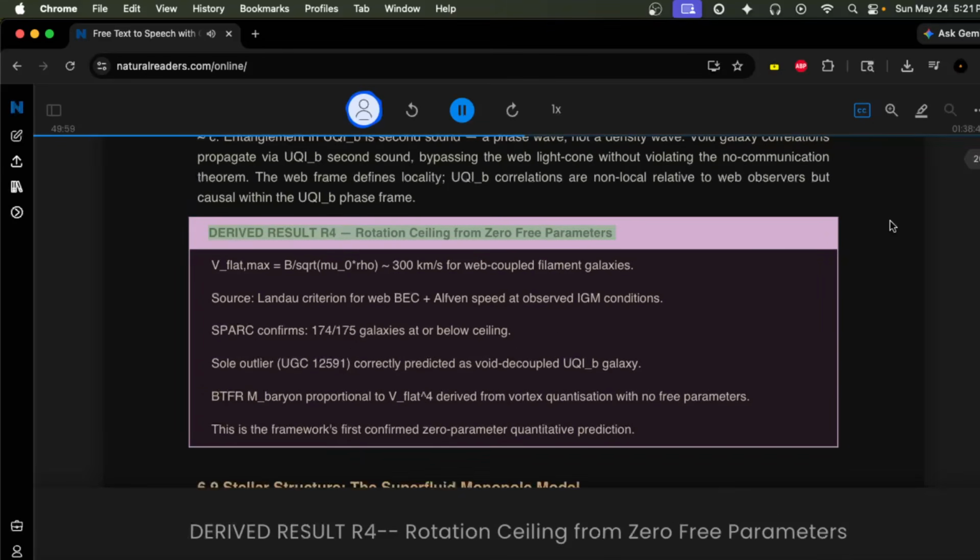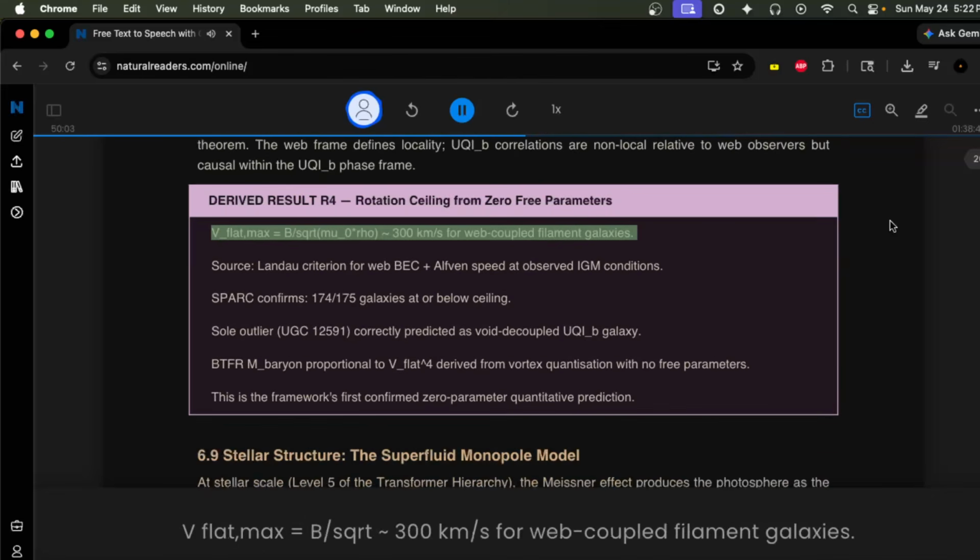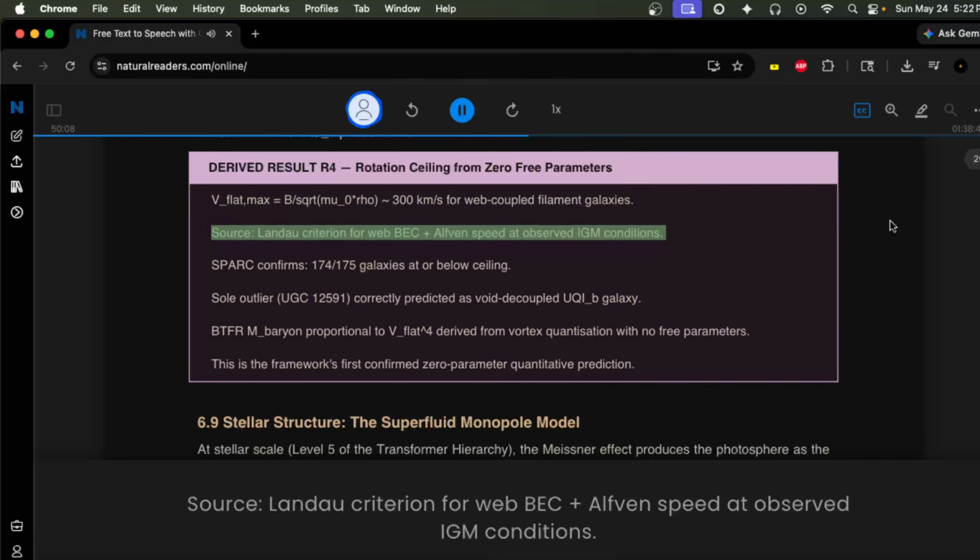Derived result R4: rotation ceiling from 0 free parameters. V-flat max equals the square root of B, approximately 300 km per second for web-coupled filament galaxies. Source: Landau criterion for Webb-Beck plus Alfvén speed at observed IGM conditions.